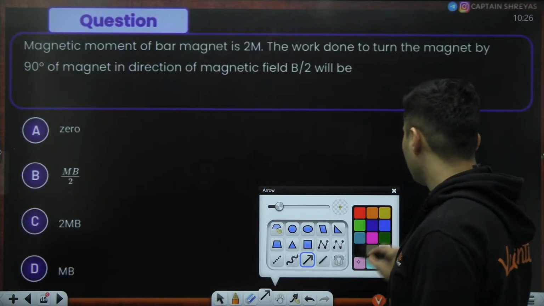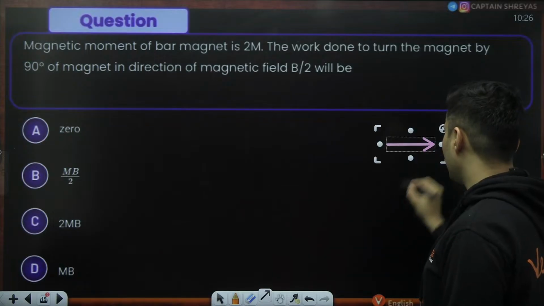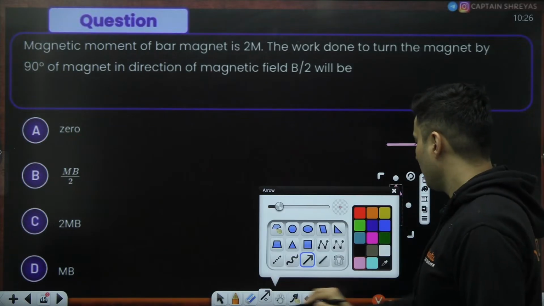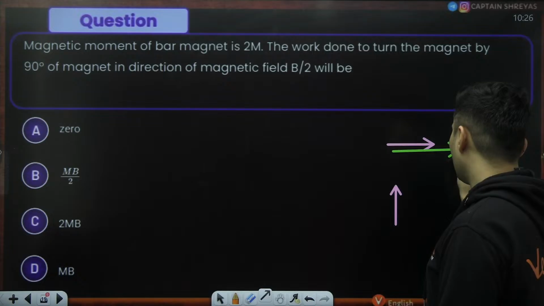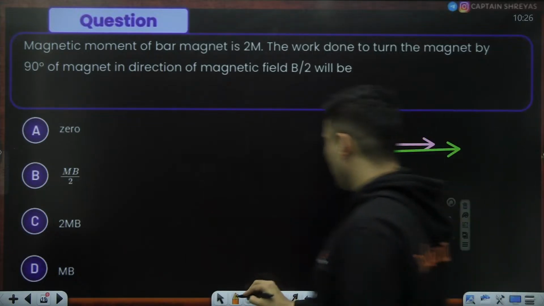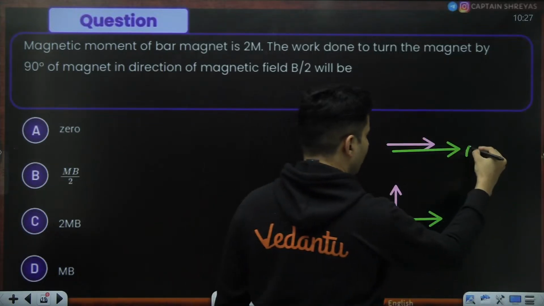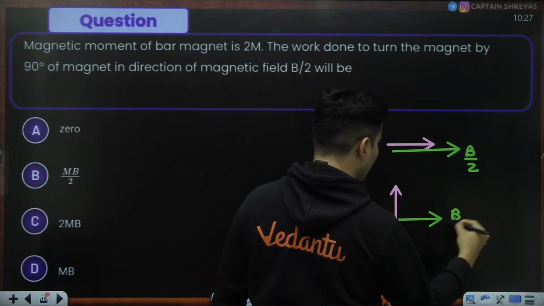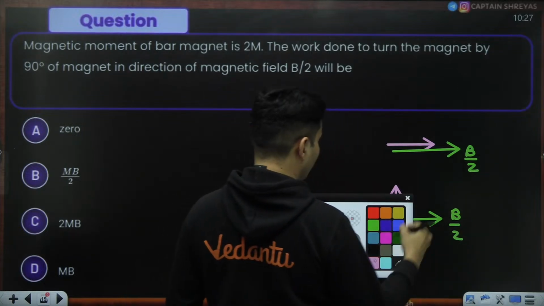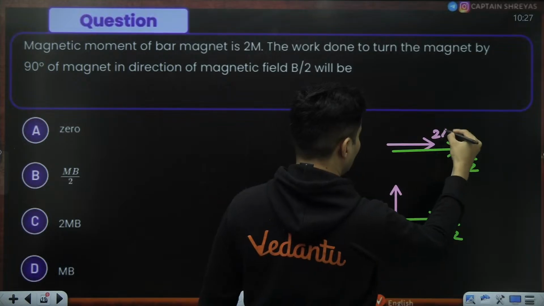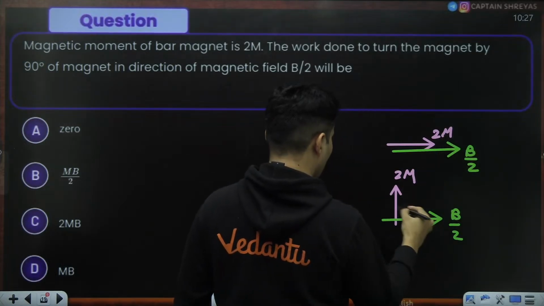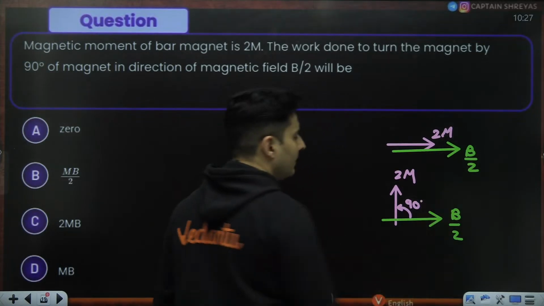So let's understand this. Imagine the magnetic moment is like this, then it becomes like this, whereas the magnetic field was like that and remains like that. So this is your magnetic field, which is B by 2, and the magnetic moment is given to be 2m. This is 2m. So you have rotated it by 90 degrees.